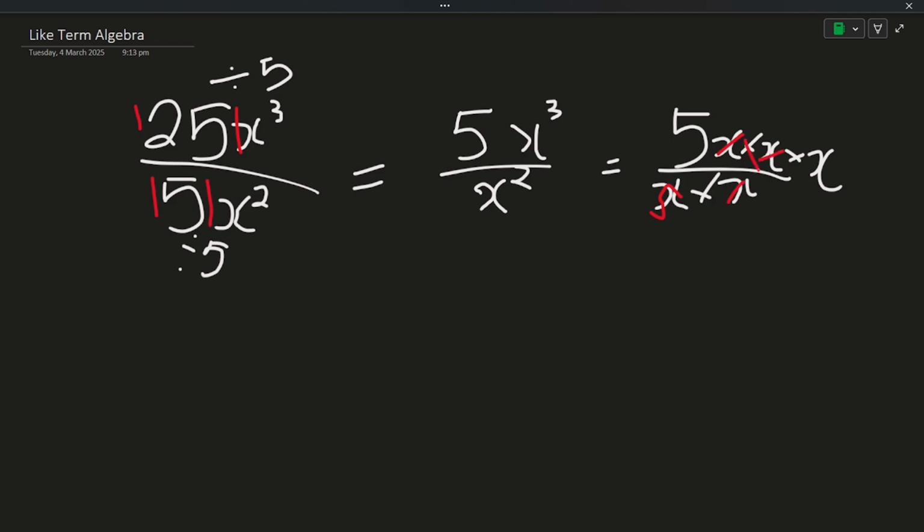Now forget about these times signs because they will not exist anymore. Actually, keep that times sign, because you'll actually need that, otherwise it'll be inaccurate. And then your answer should be 5 times x, which is also known as 5x.